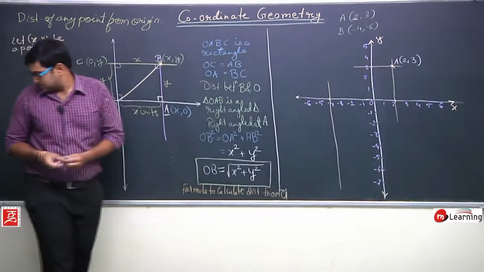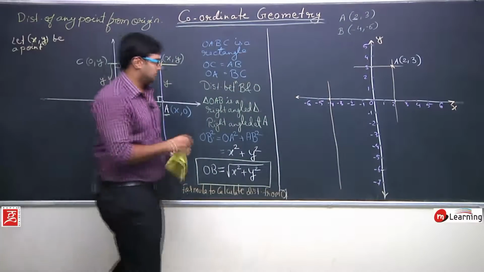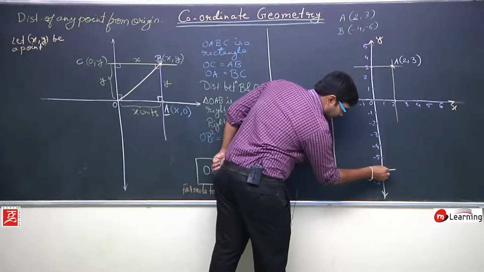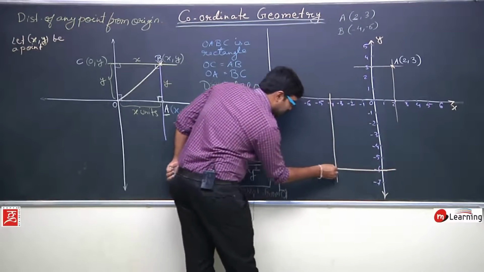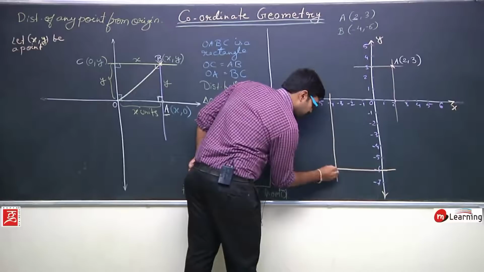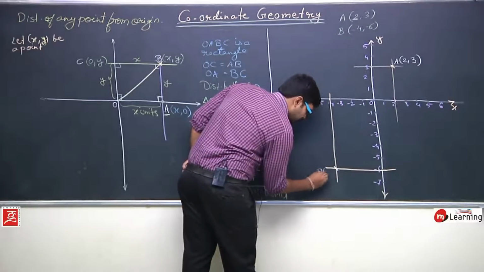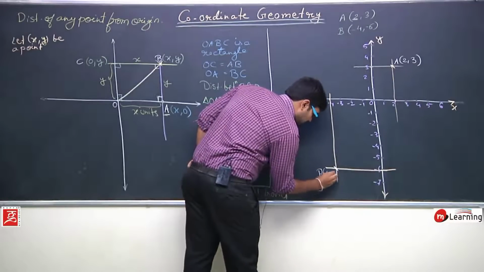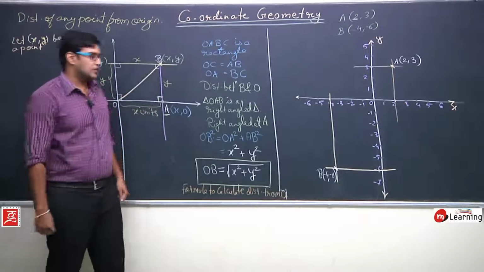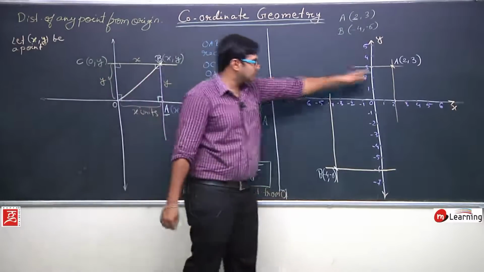Okay, let us make it properly. And this is y equals -6. So we will draw a perpendicular at y equals -6 also, and this will be the location of B (-4, -6).